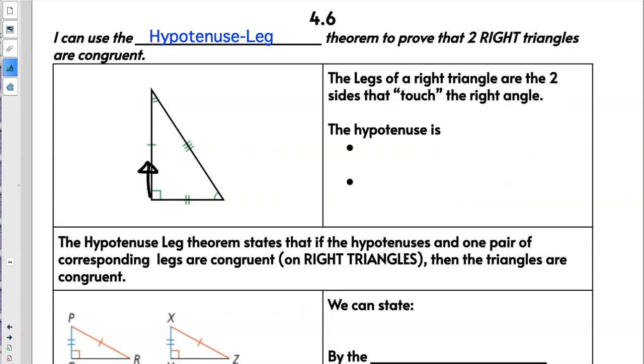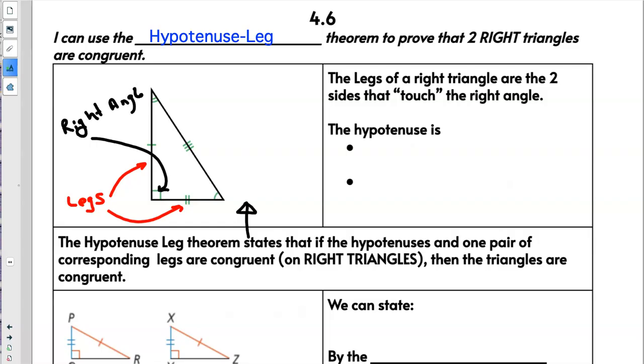So first of all, this is the leg, that's the leg. So let's talk about legs. These are legs. This is my right angle right there. And that is the hypotenuse.